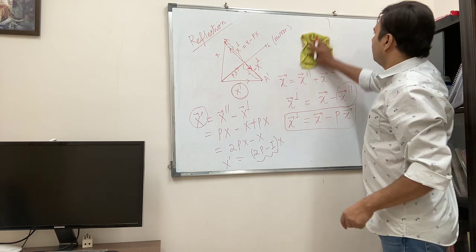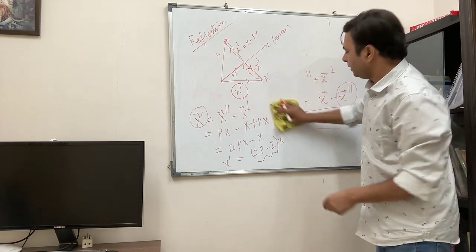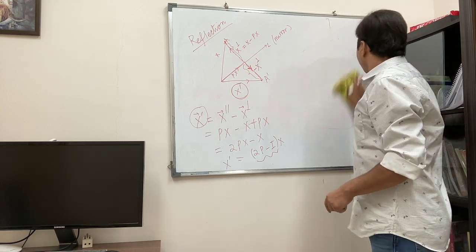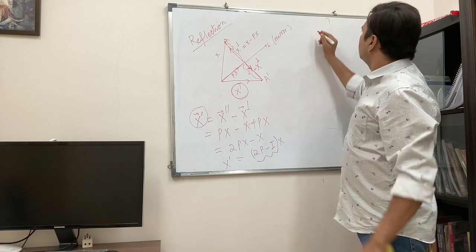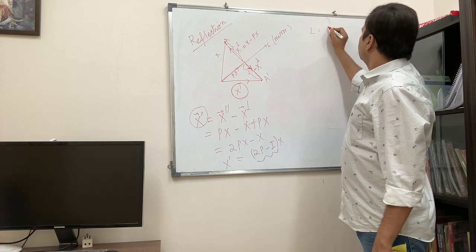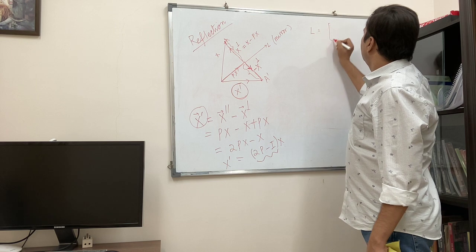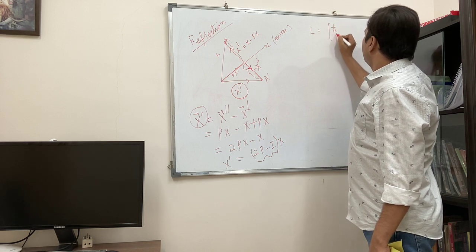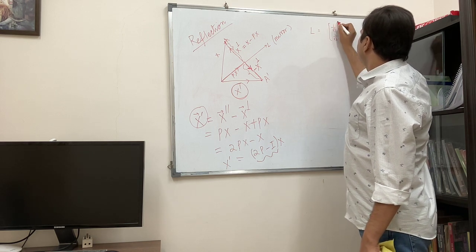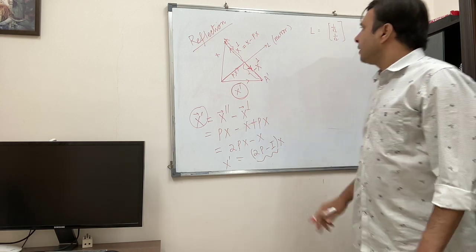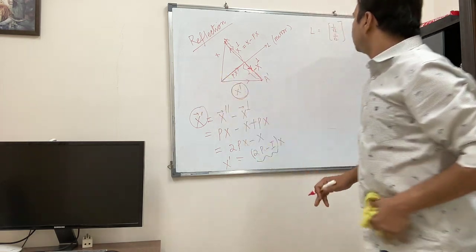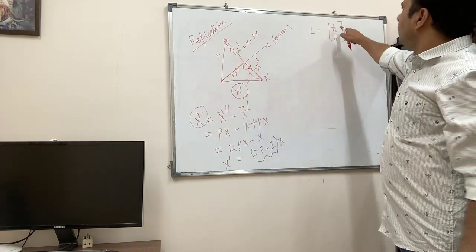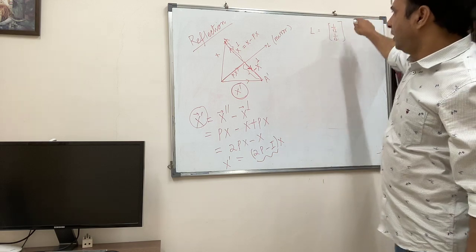If you want to take an example, let me take a quick example. Let's say that L is some direction 1 by root 2, 1 by root 2. Okay, so L is some direction like this. Why have I taken 1 by root 2, 1 by root 2? Because it makes the length 1.